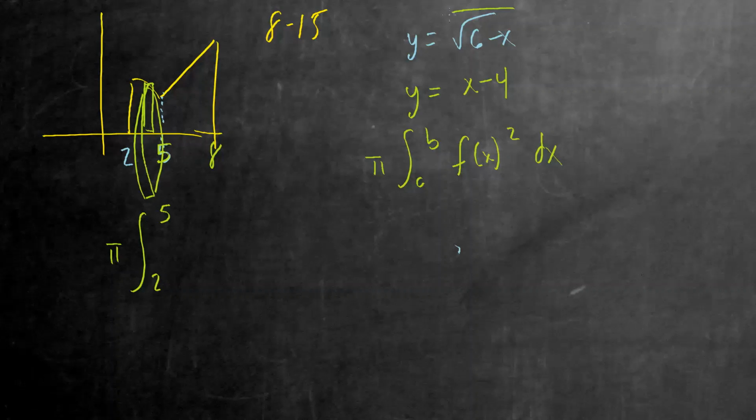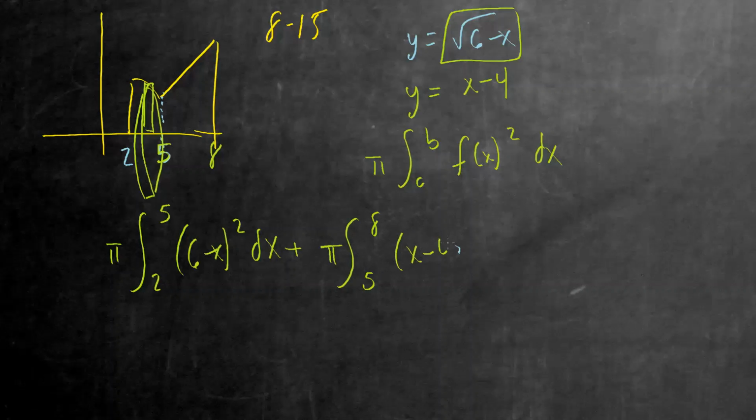So the height for the first one is 6 minus x, squared, dx, plus the height for my second one from 5 to 8 is x minus 4, squared, dx. Go ahead and plug in your calculator. I think you get 28.5 pi. I like it.